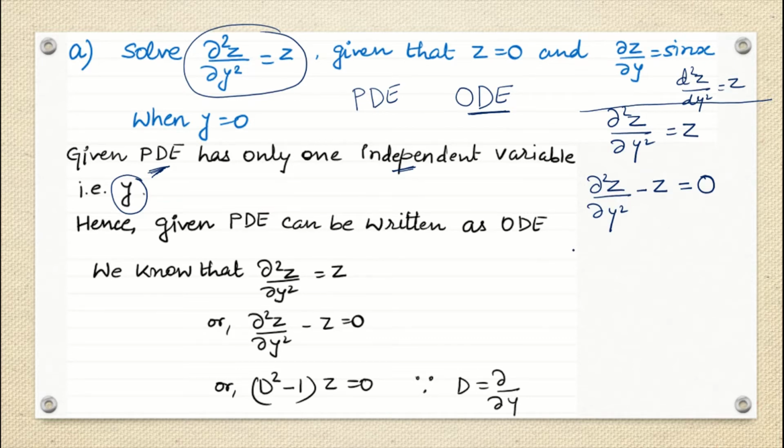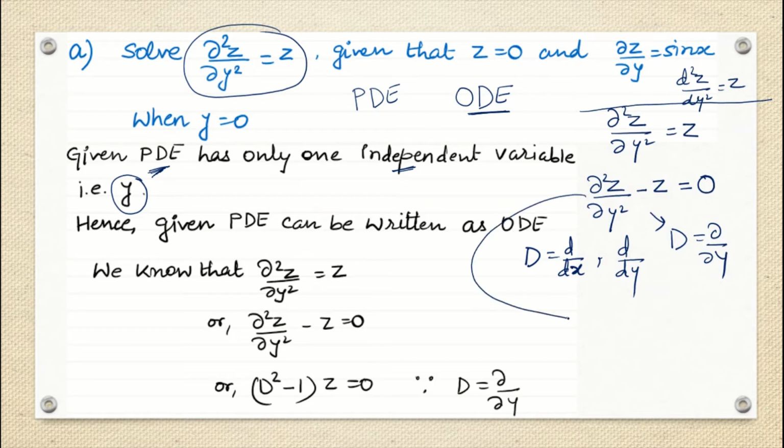Remember that D was d by dx or d by dy, whatever. Here we are saying that D is nothing but del by del y.